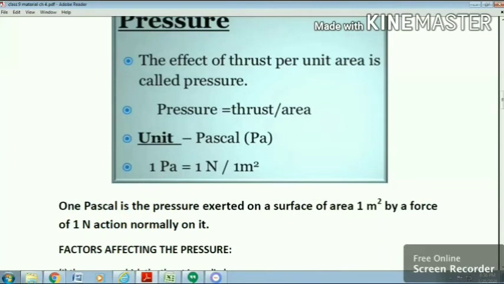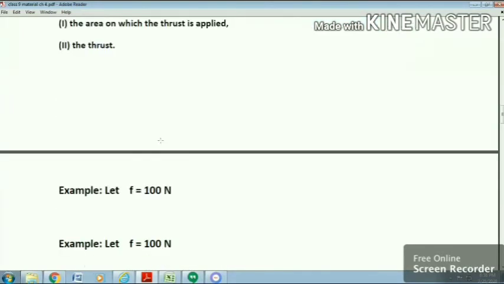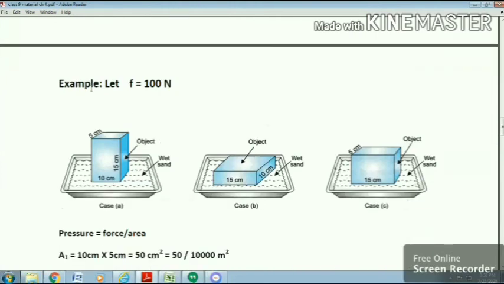Okay. Now, here an example is there for thrust and pressure. As you can see, the same block is there having dimensions 10 centimeter into 15 centimeter into 5 centimeter, placed on the base in 3 different ways.